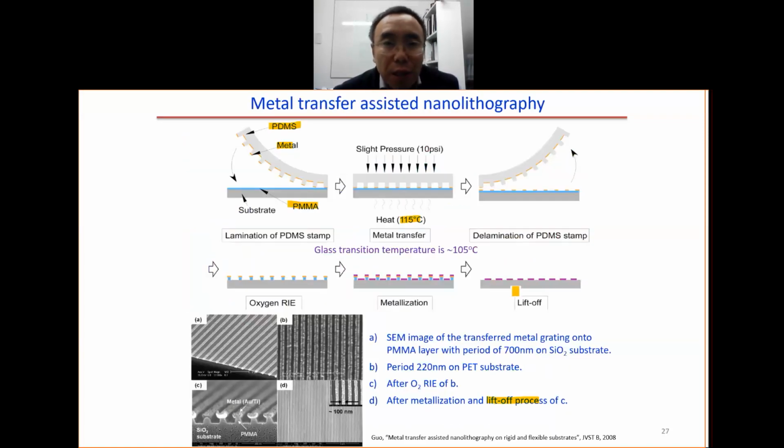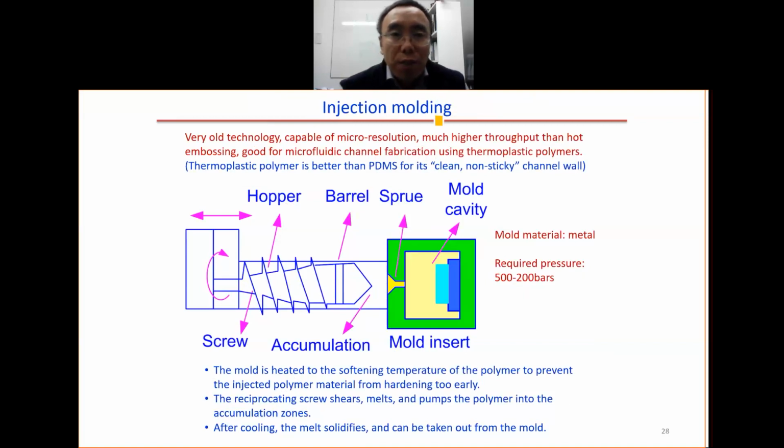So the last example is the injection molding. This is a very mature technology. I know in the Waterloo Kitchener area, there are 2 or 3 companies that do injection molding. Most of the plastic parts we see, like the pen, the toothbrush, the cell phone, are made by injection molding, because this is very efficient and low cost.